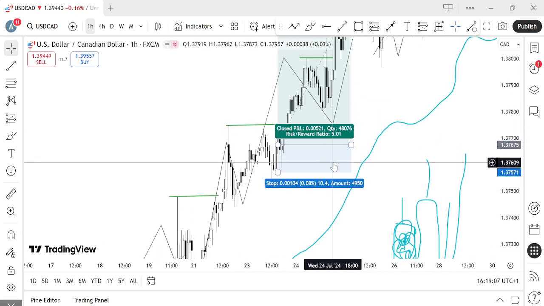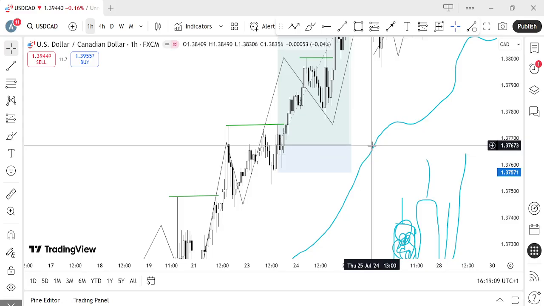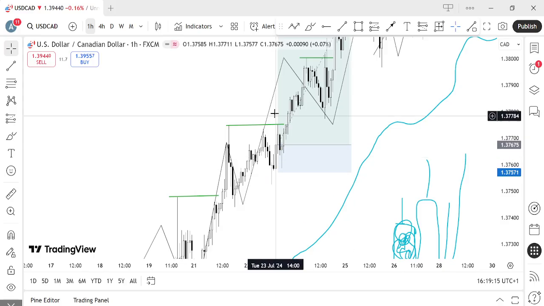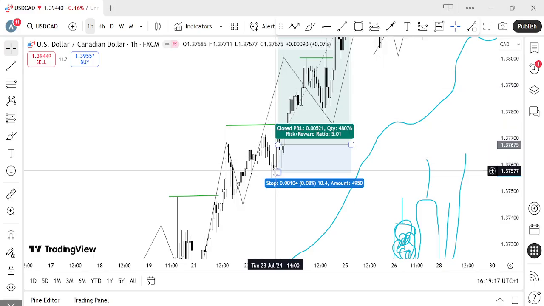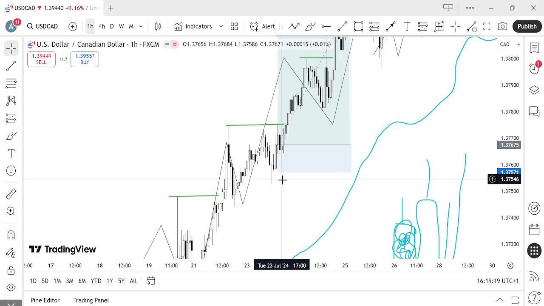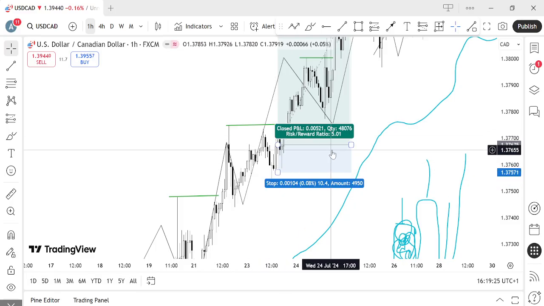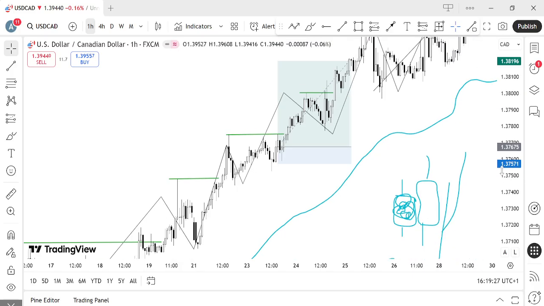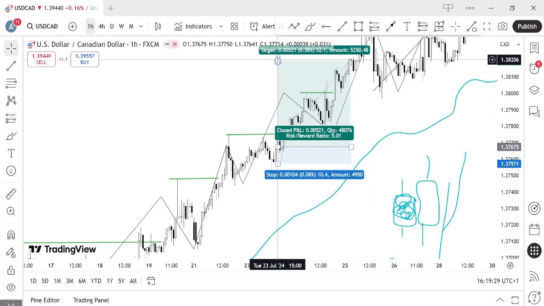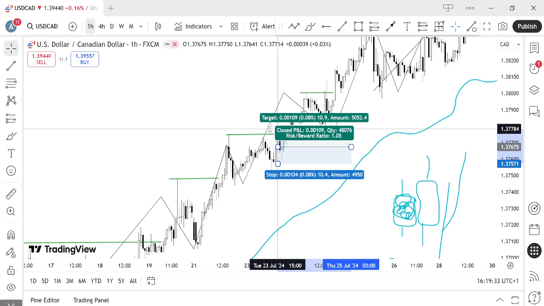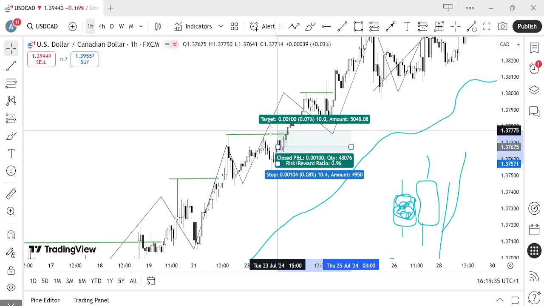Also, I tend to break even when the price is running 1:1 in my direction. From this moment right here, this 10.44 pips stop loss, once the price has run 10.4 pips in my direction, I break even. So let's see if the market came back to test the entry after breaking even.